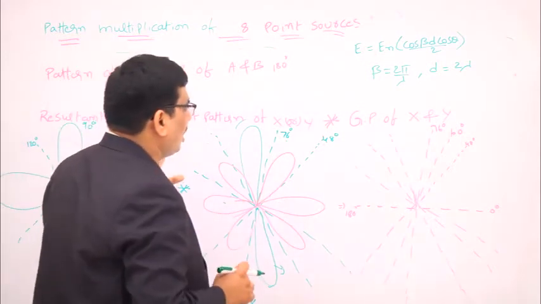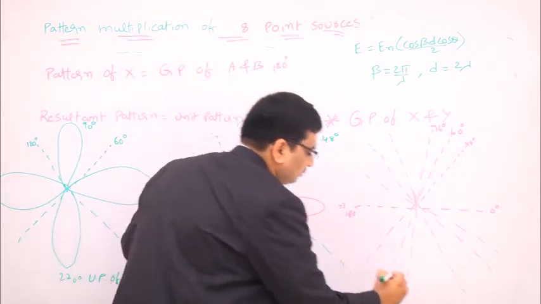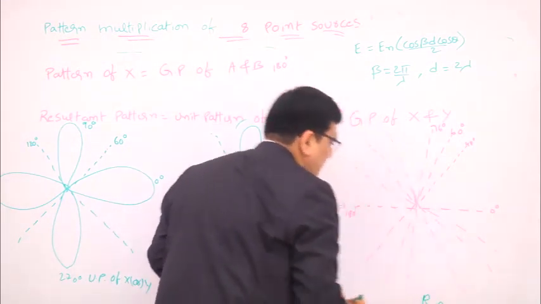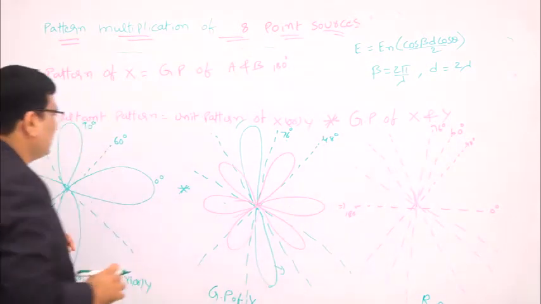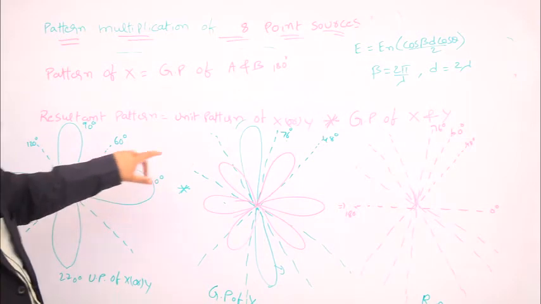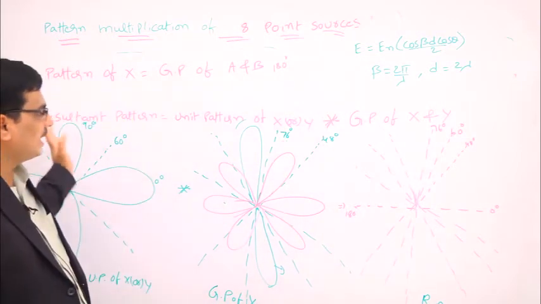So now what are we getting? If you want to get your resultant pattern, first draw all the nulls in all the directions. So here the nulls are at 60 degrees, and here it is 48 degrees, 70 degrees on the right side, and on the left side another 3 are there.